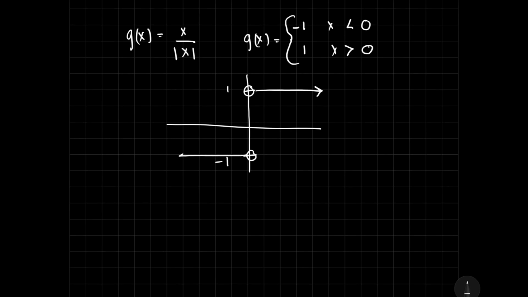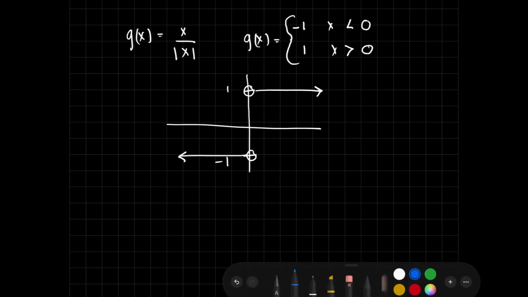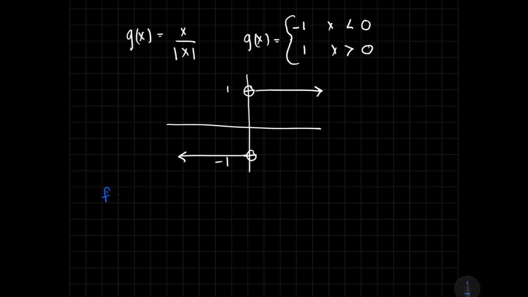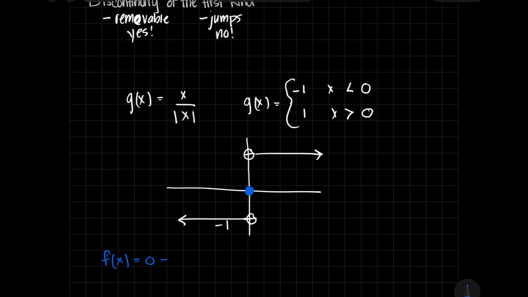So we have a hole, and we could decide to make an f of x equal to 0 to fill that hole, equals g of x when x is not 0. So now there's a value across the x-axis everywhere, which makes this function appear to be continuous.